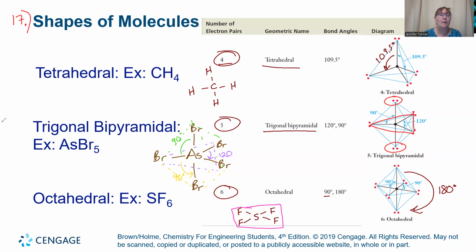And then we can come up here and form our fluorines. And then you can see the shape that it forms. Sorry, I keep saying tetrahedron. It's a 4-sided pyramid on the top and the bottom, just like that. And each one of these is 90 degrees, and it's 180 if we look from the top fluorine to the bottom fluorine. So there you have a couple of expanded octet shapes.